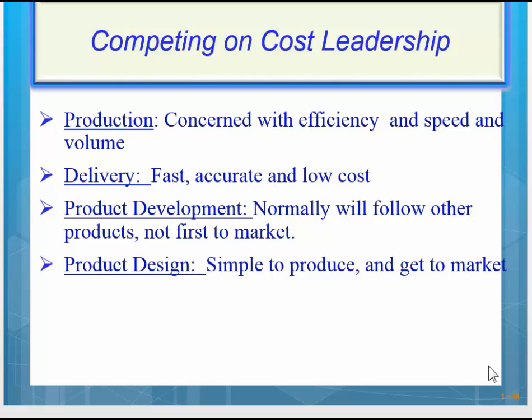So those are the two big strategic types. Now, Porter also talks about focus. So it could be geographic market, it could be a particular product. So he talks about how some firms compete on cost leadership, but they're a focused cost leader. An example of that would be, say, Martin's, right? Because Martin's certainly competes on cost leadership, but it's focused to the state of Maine.